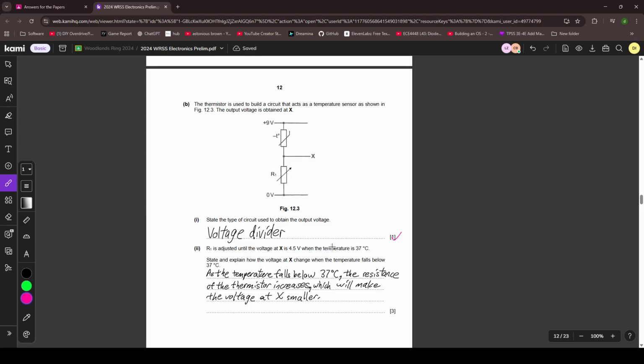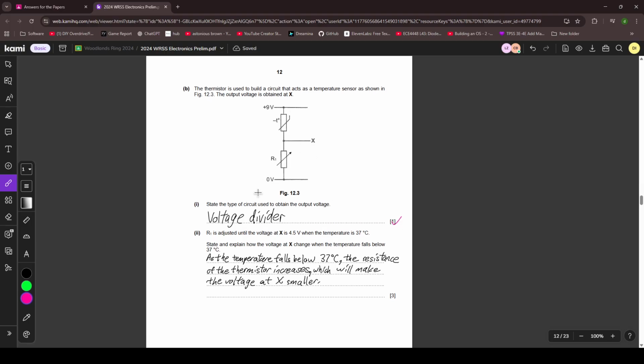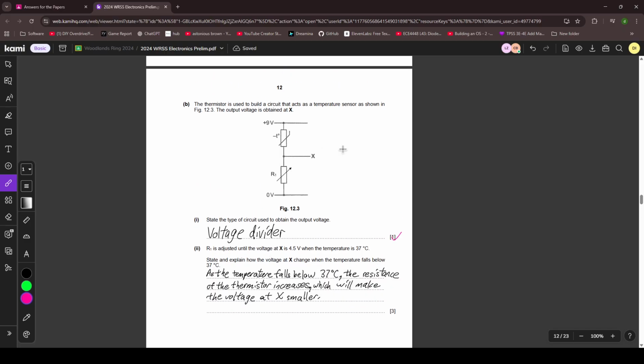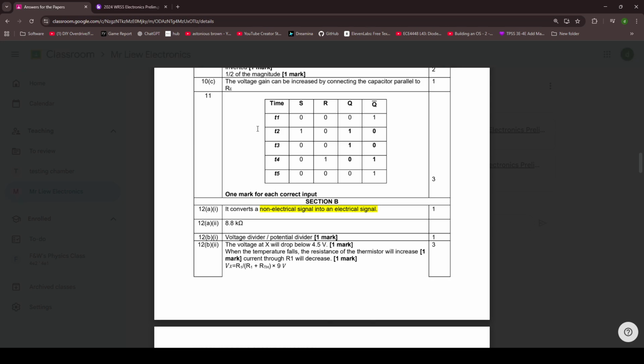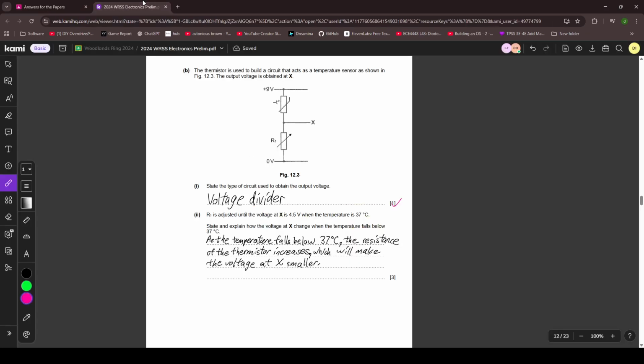State and explain how the voltage at X changes when the temperature falls below 37. The resistance of the thermistor increases, which makes the voltage at X smaller. I don't know if I'm satisfied with that answer. The voltage at X will drop below 4.5 volts.